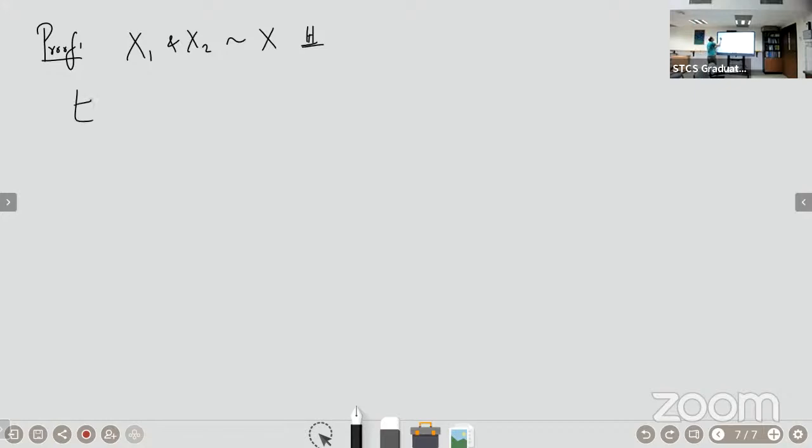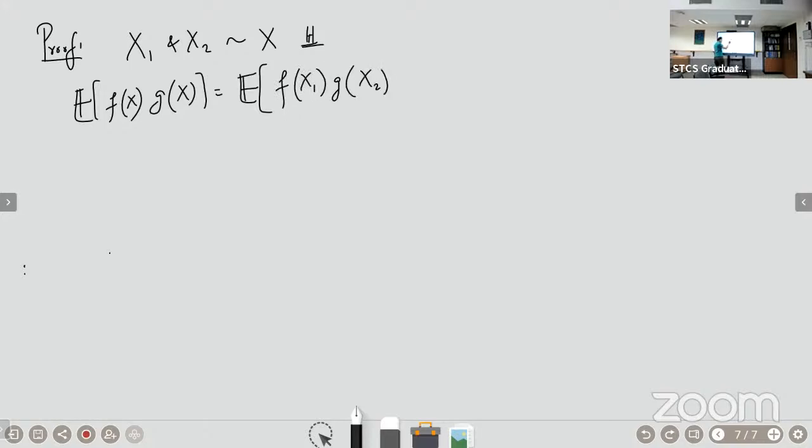Then we have x value, and x1. Is this okay?